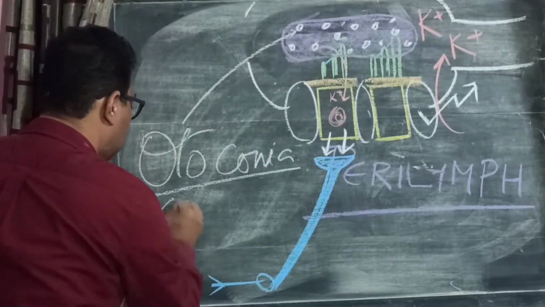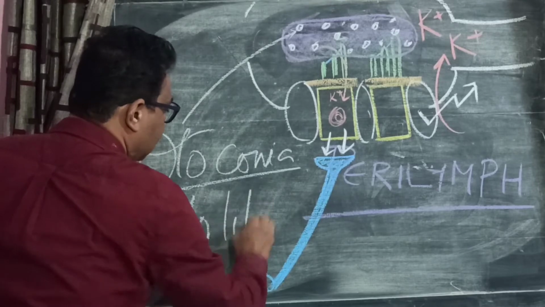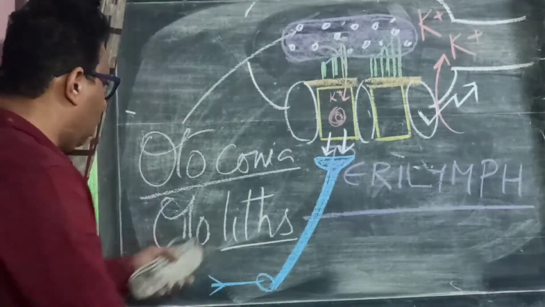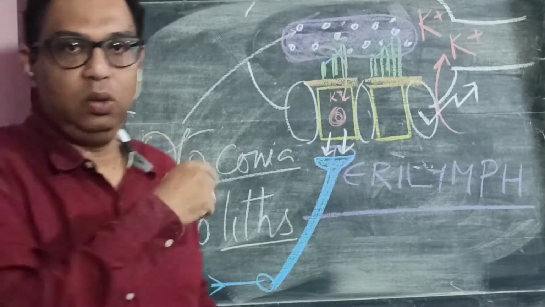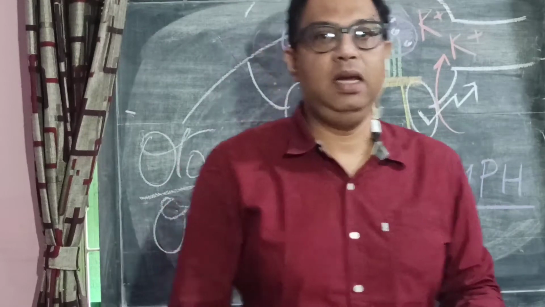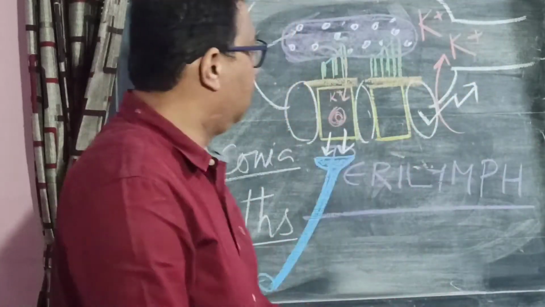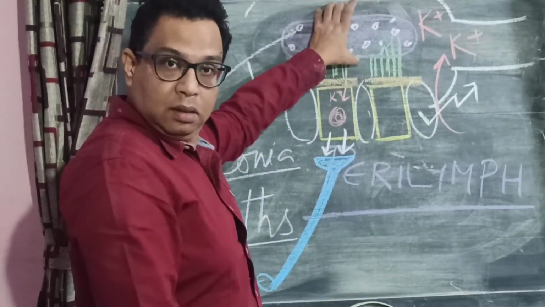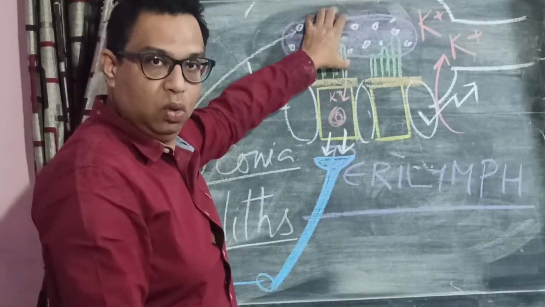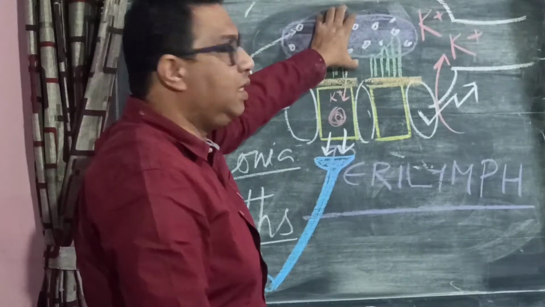The stones are otoliths. Liths being stone, oto referring to ear. So small stones in the ear. They have inertia, and thereby any movement of the head will displace the hair cells, but the inertia of these stones will keep the gelatinous mass here.